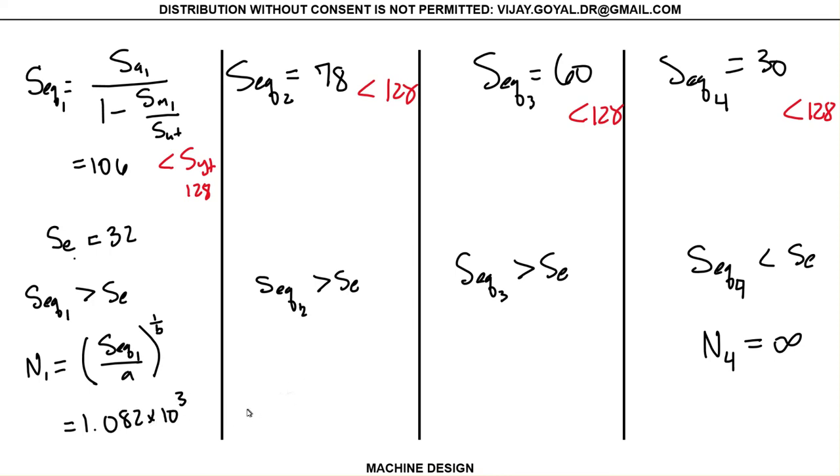And then here, N2 gives you 7.37 times 10 to the 3. And N3 is equal to 2.2631 times 10 to the 4. Okay, so now we move to the next item.